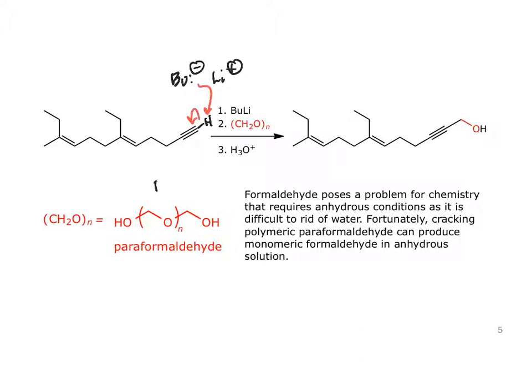So what's being formed is this anion, with a lithium counterion. And that's our nucleophile. That nucleophile is reacting with the paraformaldehyde compound. And so we end up adding that carbon to the end of the compound.